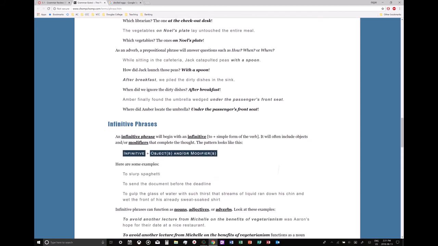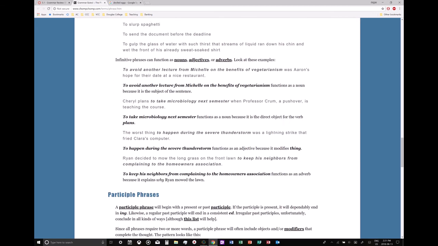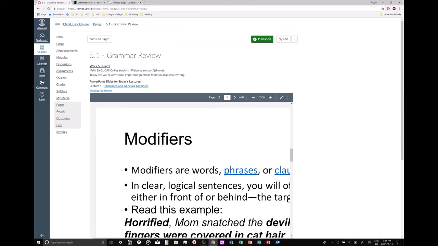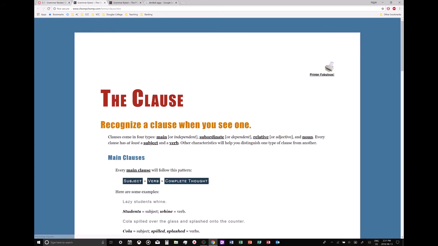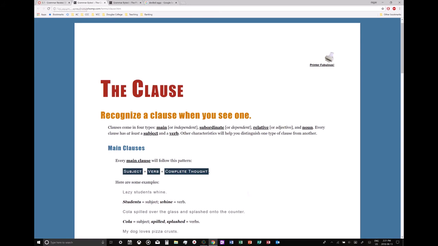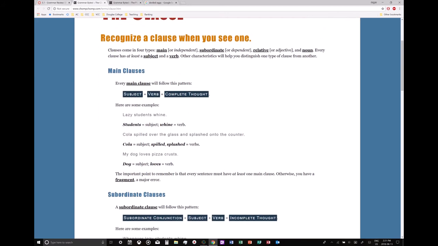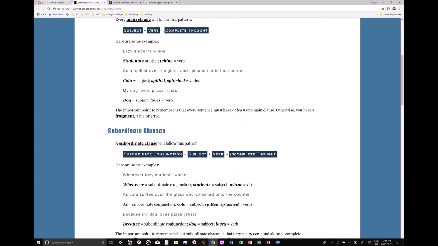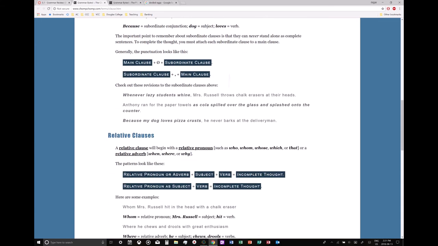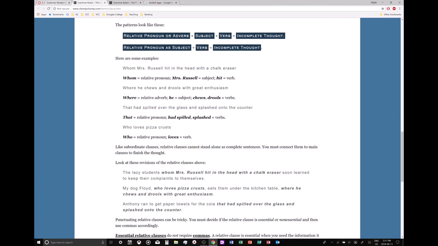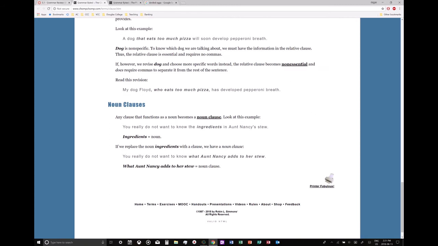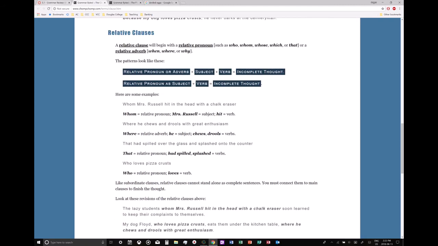Now, no matter which phrase you use, if you use it as a modifier, you should follow the rules that would help you say what you want to say in your sentences. And here's the one for clauses as well. And you've probably seen this already in week 2. Independent clauses, dependent clauses, and then other types of clauses. So you can also read this in your own time.